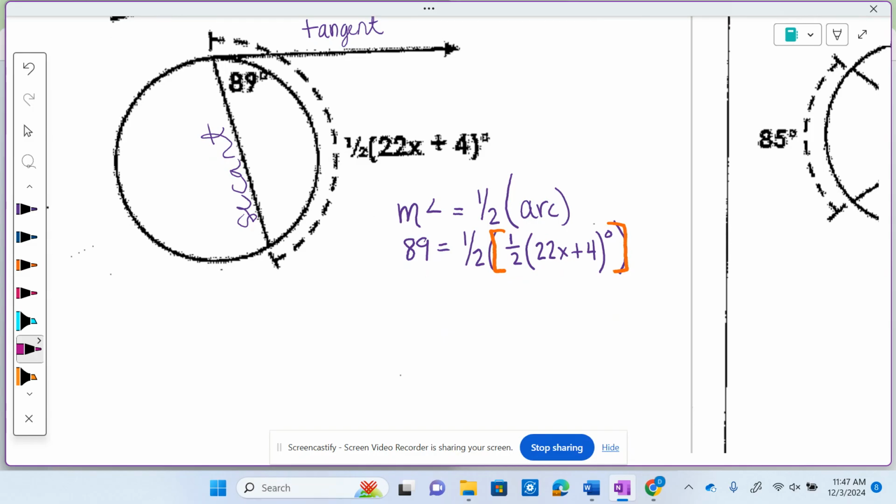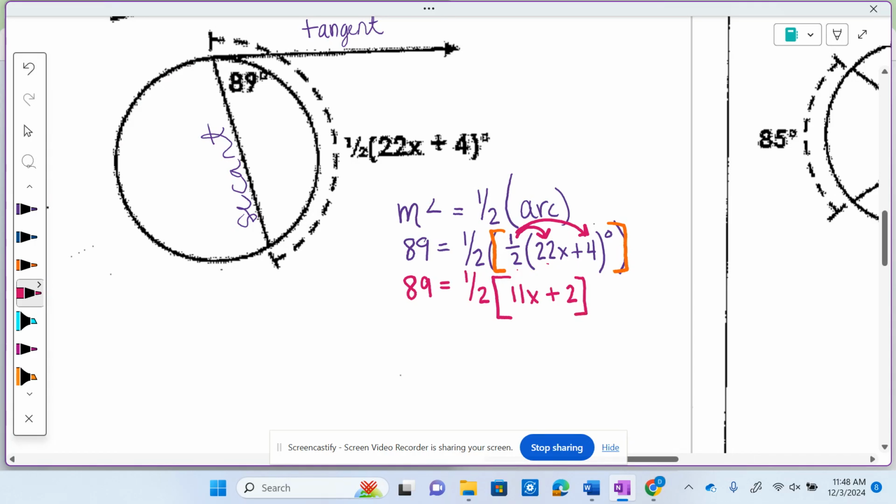Okay, so I'm going to start with the innermost parenthesis, because that's what order of operations says we have to do, right? I'm going to simplify that. So I have 89 equals 1/2 times, what is half of 22? 11, so 11x, plus half of 4 is 2.